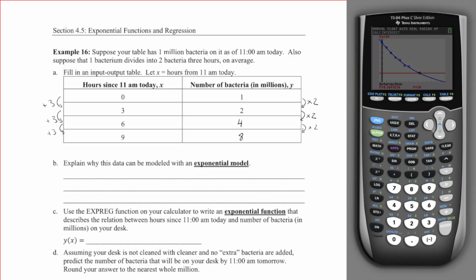We can tell that this is an exactly exponential model because each time x increases by a constant amount, plus 3 in this case, y is multiplied by a constant amount.